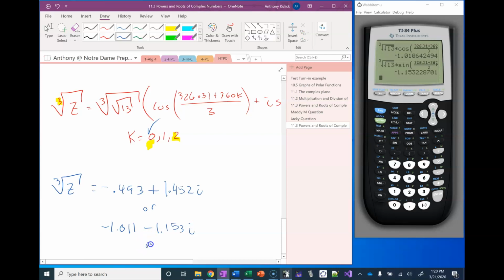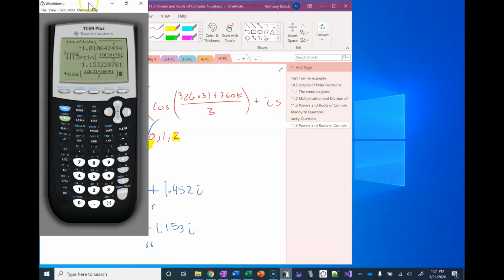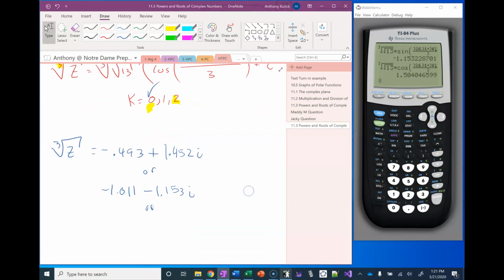And then my third one, I'm going to do the same thing. I'm going to press second and enter twice to get back my cosine, and then change that 1 into a 2 now. So there's 1.504. It's my real part.